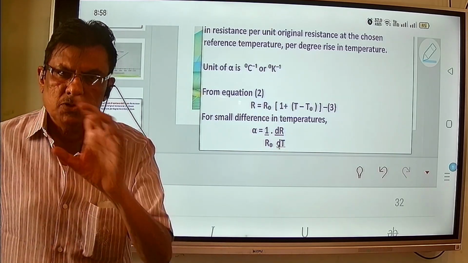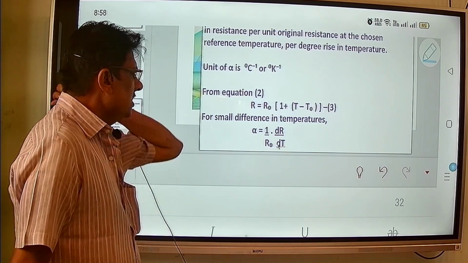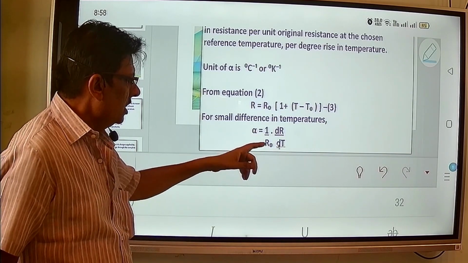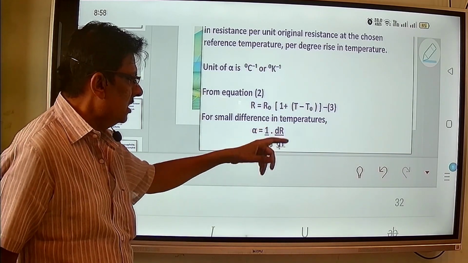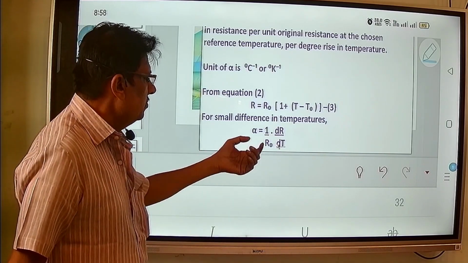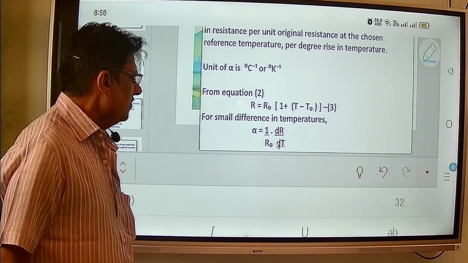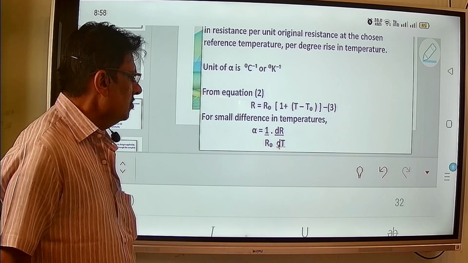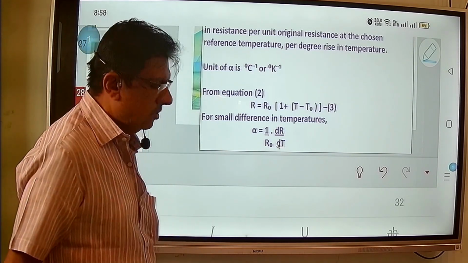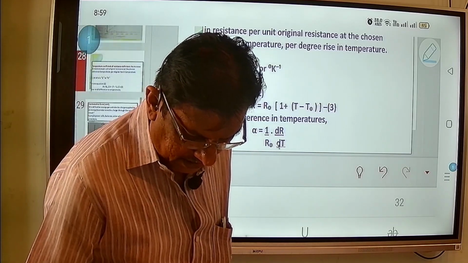Now I want to sum this up, and when I do, my alpha comes out to be 1 upon r0, dr means R minus r0, dt means T minus t0. So a new equation is formed: alpha is equal to 1 upon r0 into dr by dt. So this was all about the temperature coefficient of resistance.